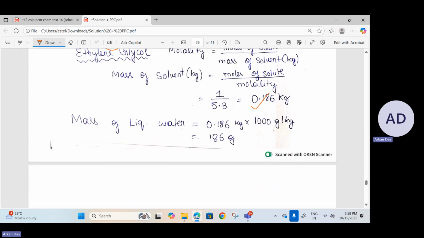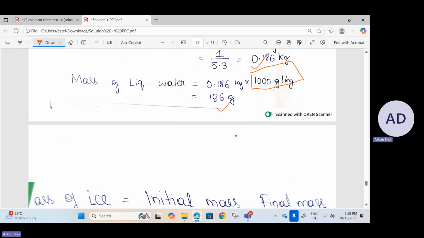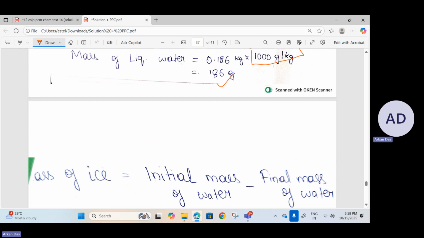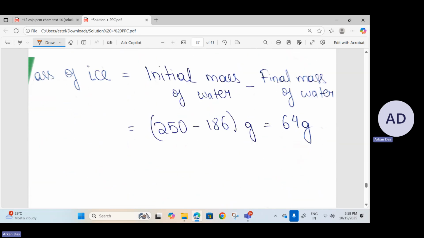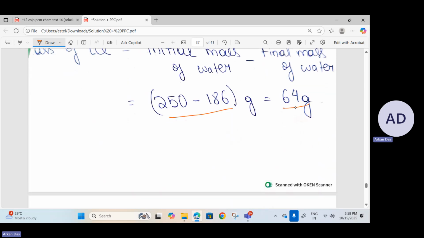The mass of liquid water is basically 1000 gram per kg, so we are putting the value and we are getting 186 gram. Followed by, they are asking what will be the mass of the ice. So mass of the ice will be initial mass of water minus final mass of water. 250 minus 186, that is going to come as 64. So what is the final mass of ice? That is 64 gram.